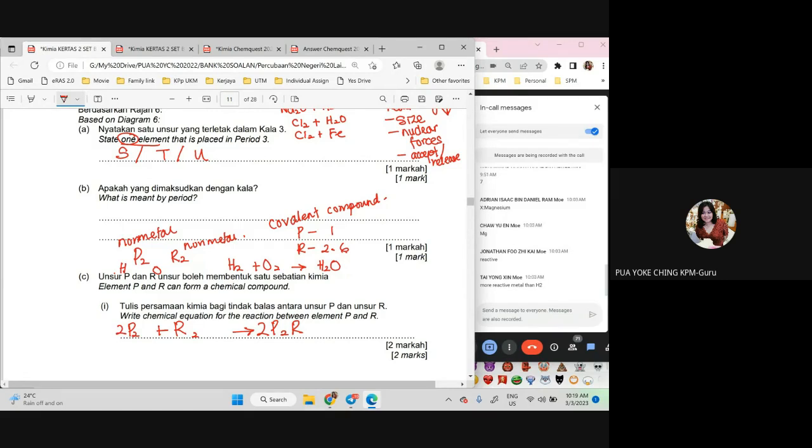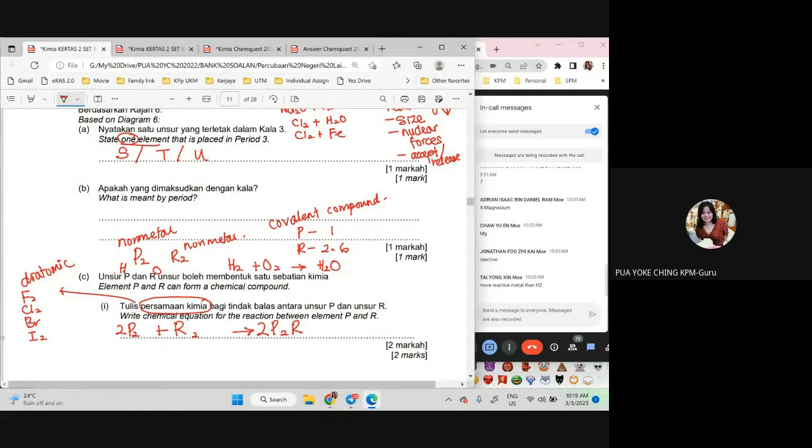Okay. Untuk buat persamaan kimia, you must remember the examples of your diatomic. Ada beberapa unsur yang akan wujud sebagai diatomic, which is your F2, Cl2, Br2, I2.